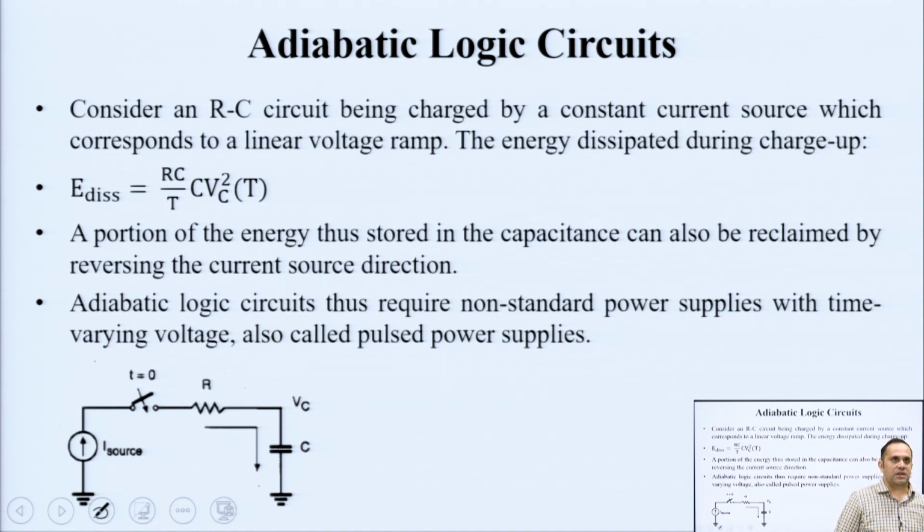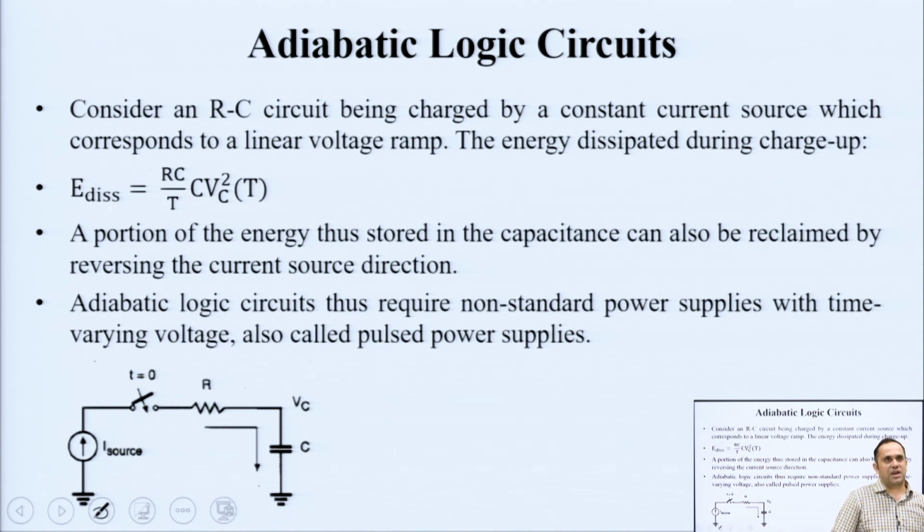In such a circuit, we can say that the energy dissipated, there is a small method for deriving this expression, while charging up is given by RC by T times C into Vc square, which is a function of time t. R is the resistance, C is the capacitance, the uppercase T is the time for which you are charging your circuit, and Vc is the voltage across the capacitor, which is a function of time.